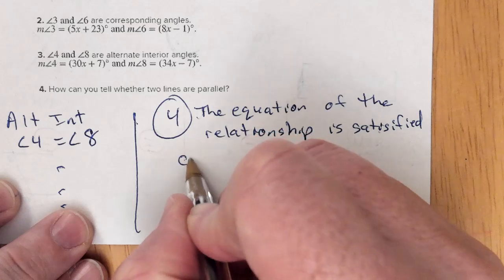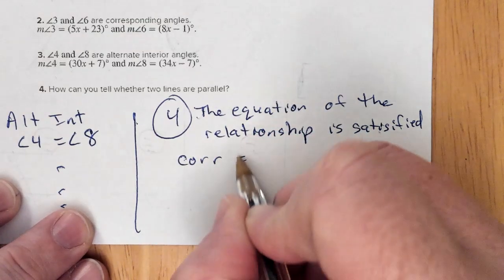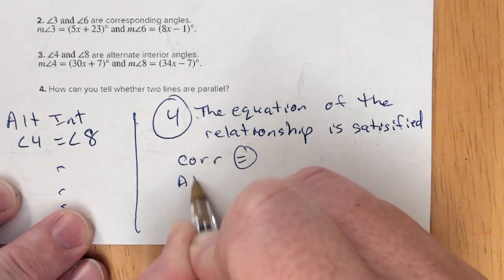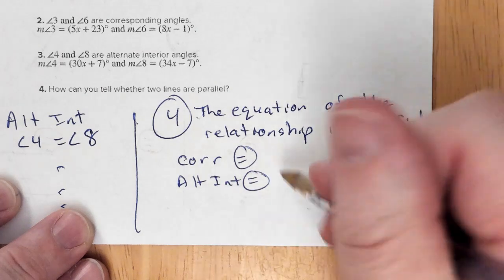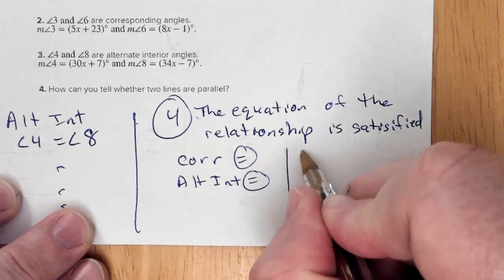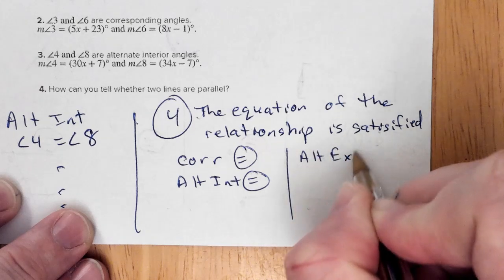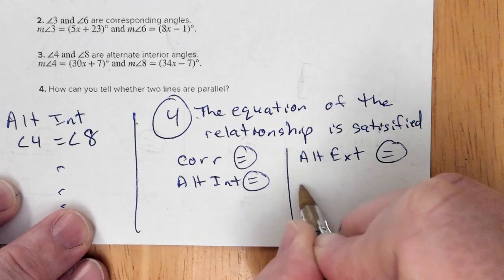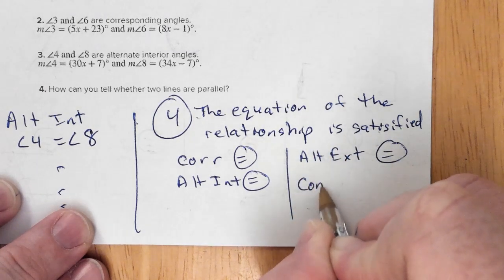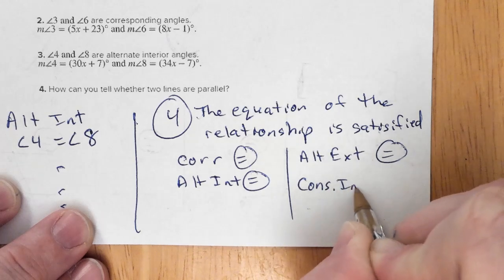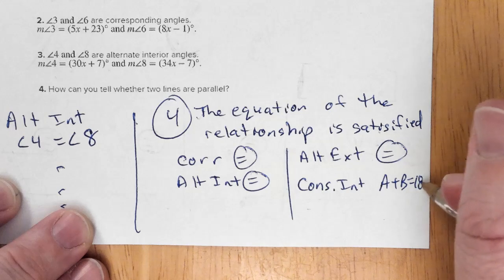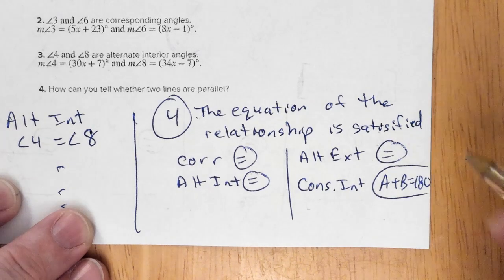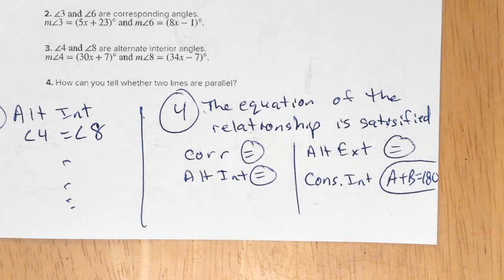So for corresponding angles, they need to be equal. For alternate interior, they have to be equal. For alternate exterior, they have to be equal. And for consecutive interior, they have to add up to 180. That's what needs to happen.